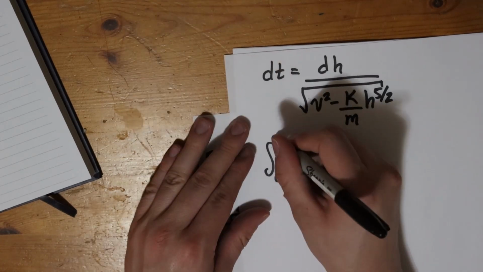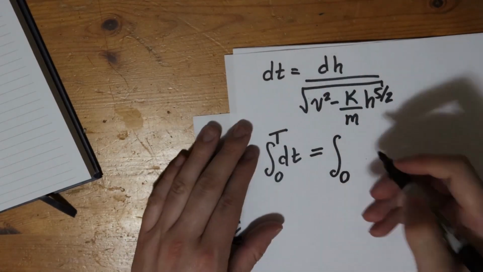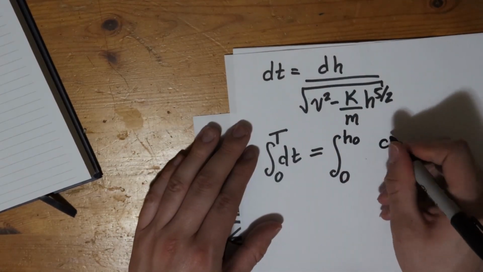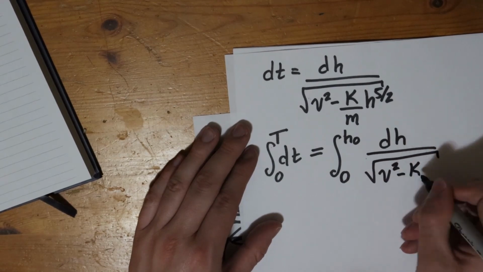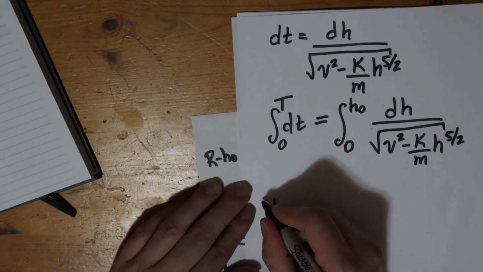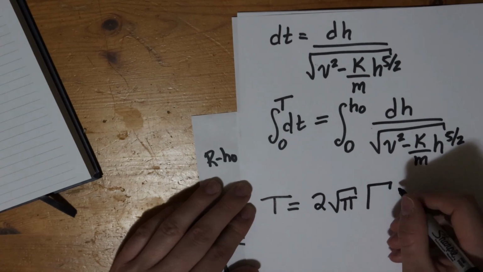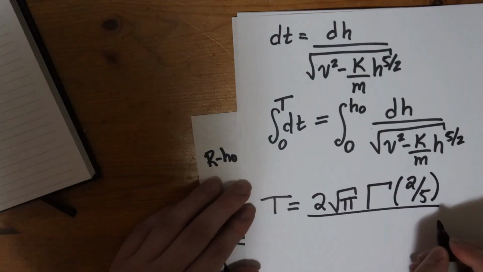And then you can take the integral from 0 to t, and this is from 0 to h0. Basically, dh is integrated over that amount. So the initial point of the collision to the final point of the maximum pressure, right?